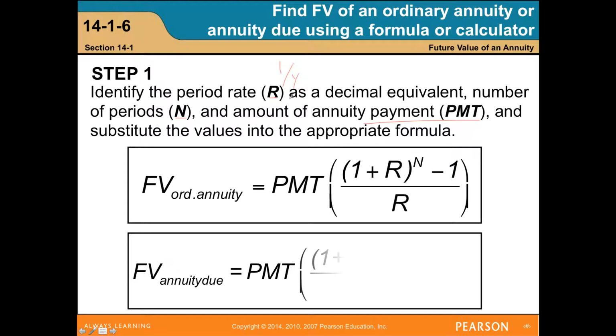So identify the period rate R as a decimal equivalent, number of periods N, and annuity payment PMT, and substitute the values into the appropriate formula. So here we have the future value of an ordinary annuity. It equals the payment times, in parentheses, 1 plus the rate, R, to the exponent N, the number of periods, minus 1, over the rate.